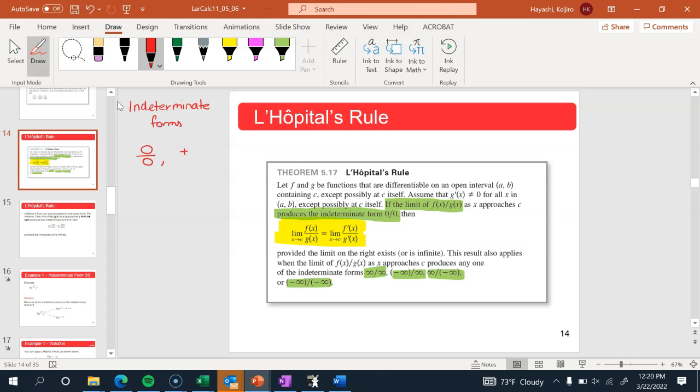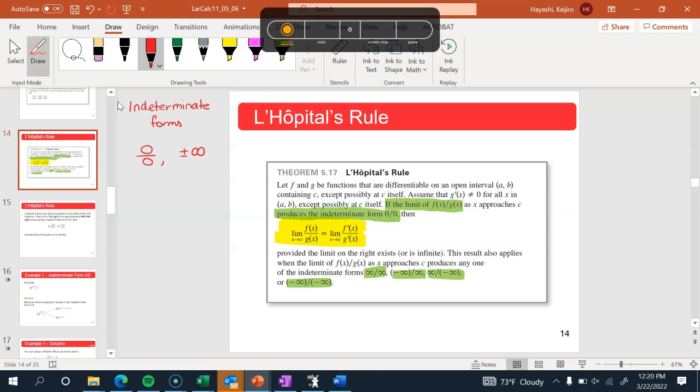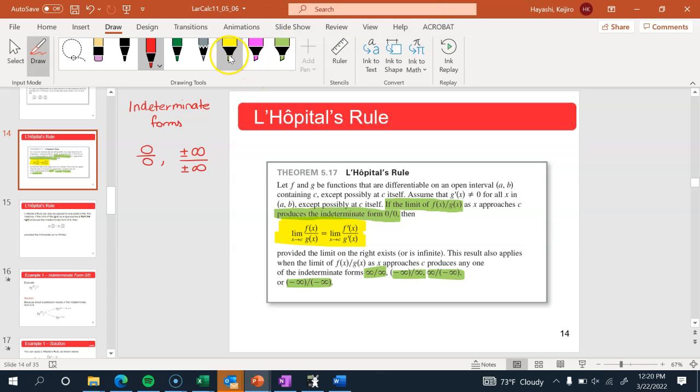You might see any number of variations on infinity over infinity. And these are the ones that you want to be looking for if you want to use L'Hopital's rule. There are others.